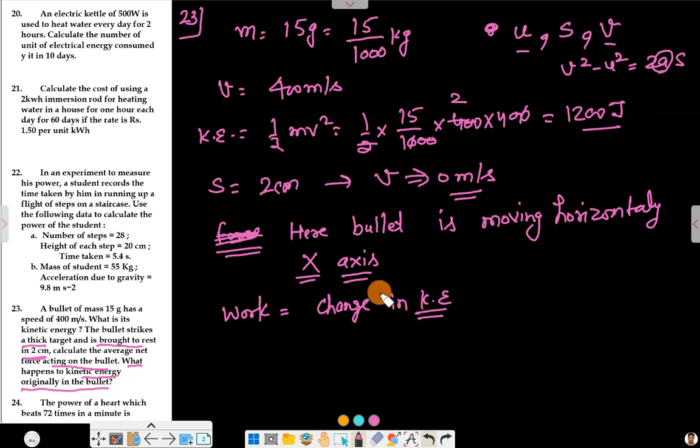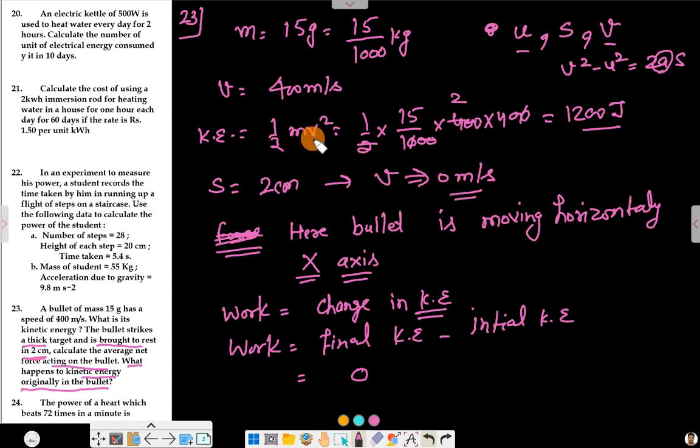If an object is moving horizontally or in the x-axis, then work is equal to change in kinetic energy. So here work is equal to final kinetic energy minus initial kinetic energy. We know that final kinetic energy is 0 because final velocity is 0. And initial kinetic energy we already calculated, it is equal to 1200 joule. Okay, so our answer comes out to be minus 1200 joule.